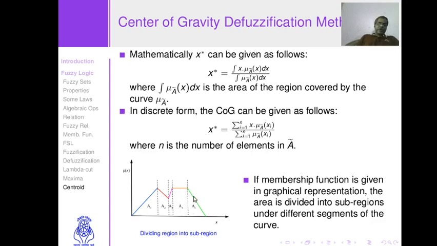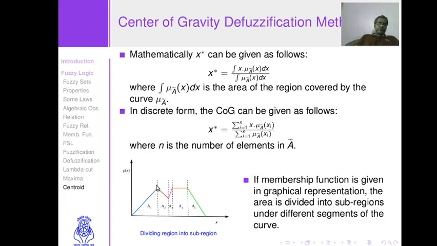We divide the entire area into sub-regions. Here there is one segment represented by a blue colored line, another red colored line, magenta colored, yellow and green color. These are the different segments of the membership function.